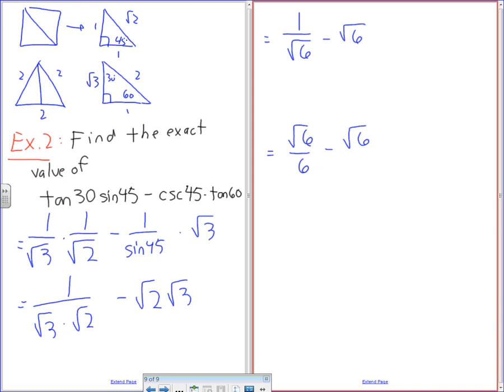So remember we did this before for rationalizing, you just times it by root 6 over root 6. We're going to times by the same thing, top and bottom, so I times it by 1. The advantage of this now is we can have a whole number in the denominator, because root 6 times root 6 equals 6.